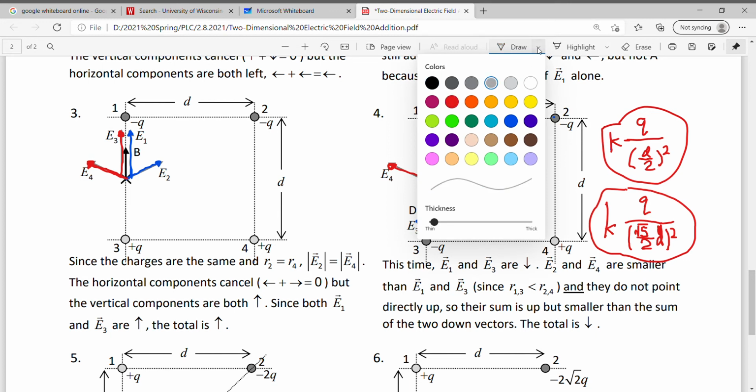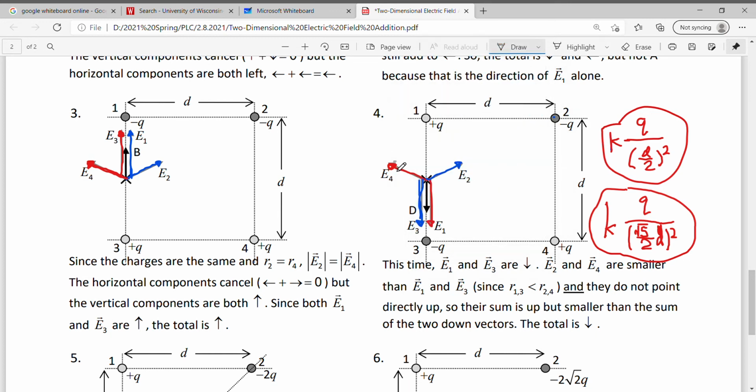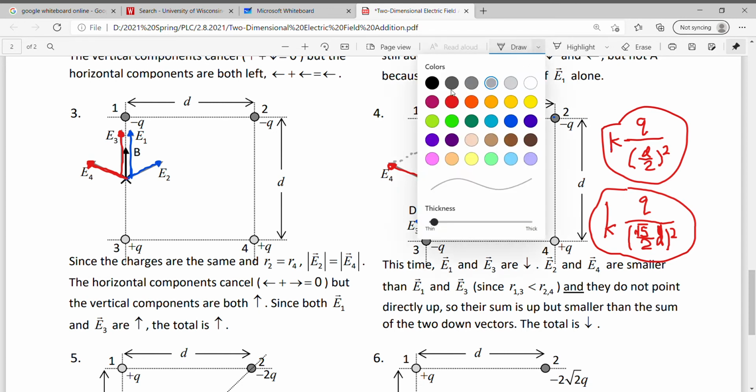Okay, and then if we add them up, we draw the line to the middle, and this gray one is e2 plus e4. Actually, it's green.